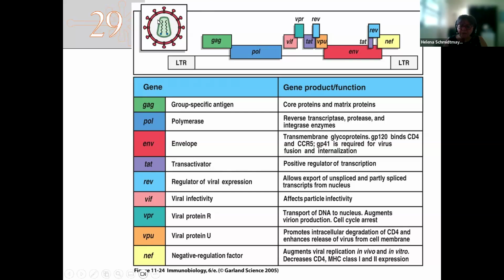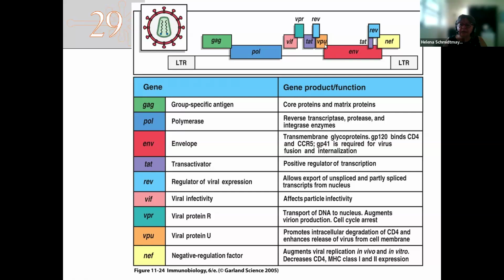VPR is one of those proteins which carry NLS, nuclear localization signal, and therefore helps the virus to get into the nucleus in non-dividing cells, such as terminally differentiated macrophages. It also triggers cell cycle arrest in G2, which triggers much higher viral production.